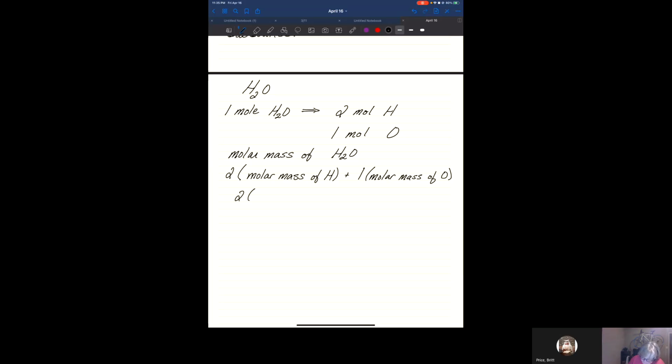Hydrogen is 1.01 grams per mole. Oxygen is 16.00 grams per mole.